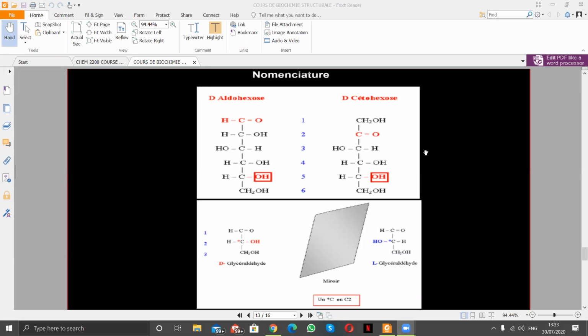Then for a ketone, there is a bond on the second carbon. Yes, the second carbon. Exactly. As we have seen here, it has been denoted. As she has said, for you to differentiate these two, the bond is formed on the first carbon for an aldehyde. Then for a ketone, a bond is formed on the second carbon.